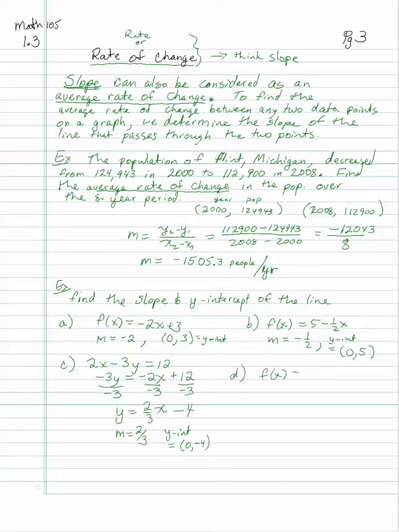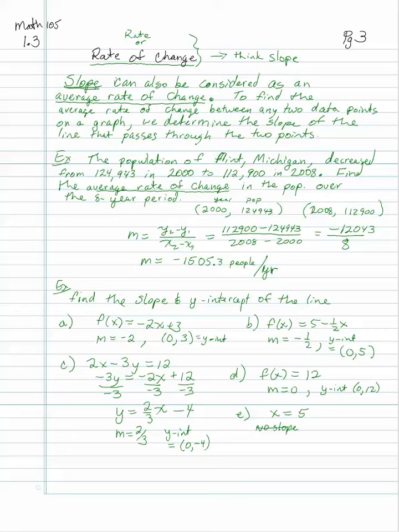f of x equals 12. That would be 0x plus 12. So slope is 0, and the y-intercept is (0, 12). And then if you had x equals 5, well, it has no slope.